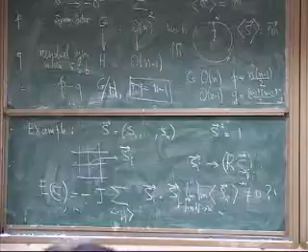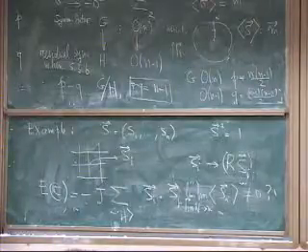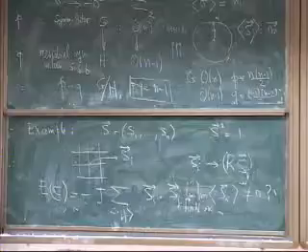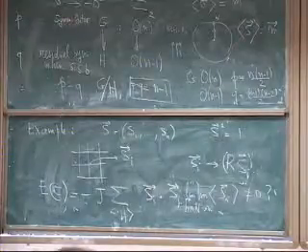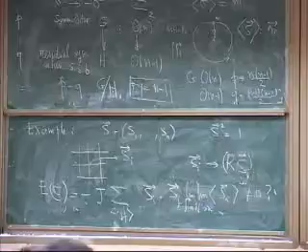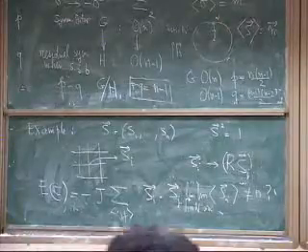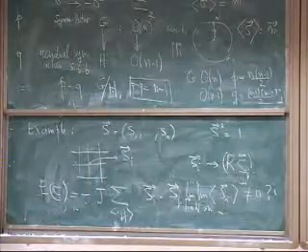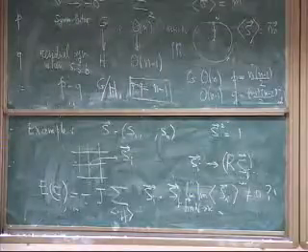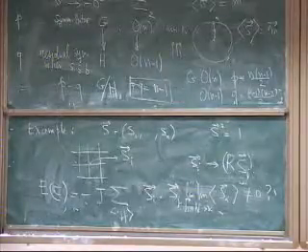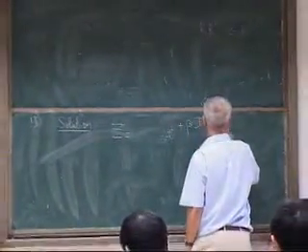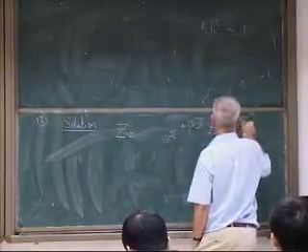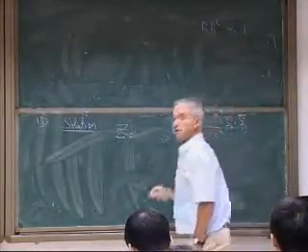Again, to show you the power of transfer matrices, I will solve the one-dimensional solution. So what is Z? Z is the sum of all configurations of exponential minus beta times the energy. Sum of all configurations, what does that mean?